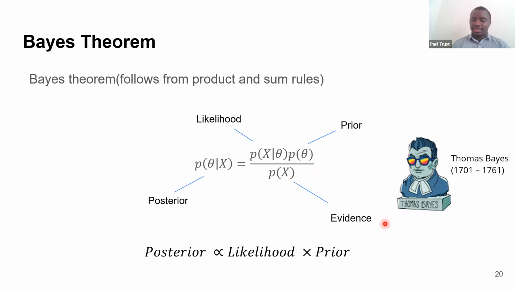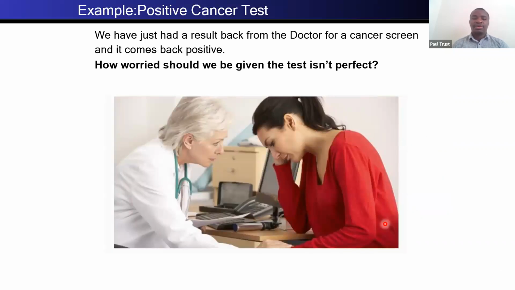I want to give a simple example of when Bayesian inference can be so important. Imagine you went to the hospital and they are testing you for cancer. People fear cancer. Imagine you got a positive cancer test.